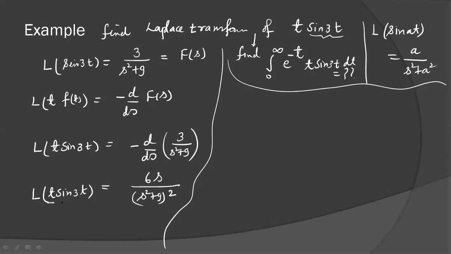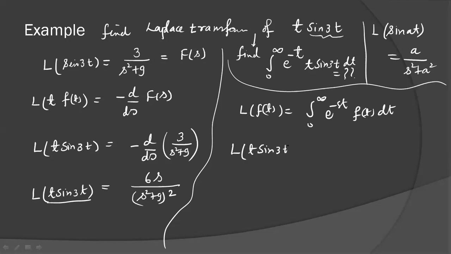So you have Laplace of t sine 3t, and what is the Laplace of f(t)? Laplace of f(t) is the integral from 0 to infinity of e to the power minus st f(t) dt. So Laplace of t sine 3t will be the integral from 0 to infinity of e to the power minus st t sine 3t dt, and it is obtained as 6s over s square plus 9 whole square.